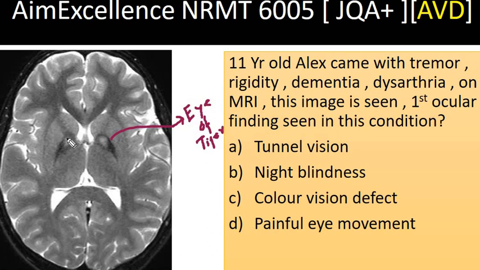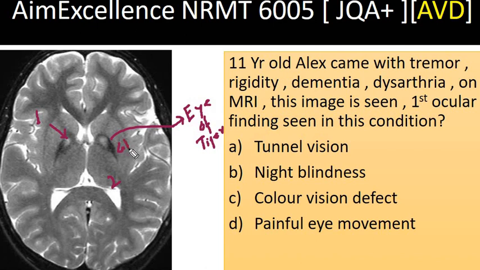It is important that we point to the exact area, because nowadays the areas are given with numerical points like 1 or 2. We can know the eye of a tiger sign, but where exactly it is also very important. This is happening in the area of the globus pallidus.